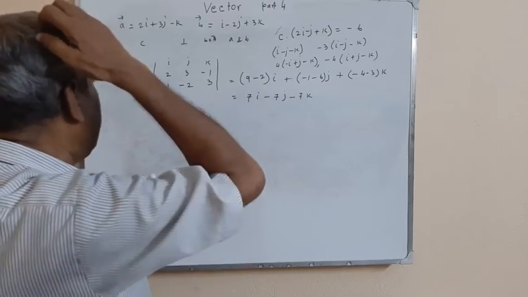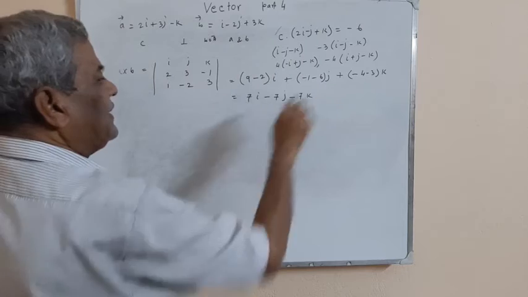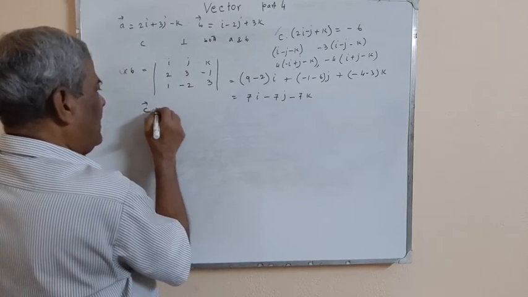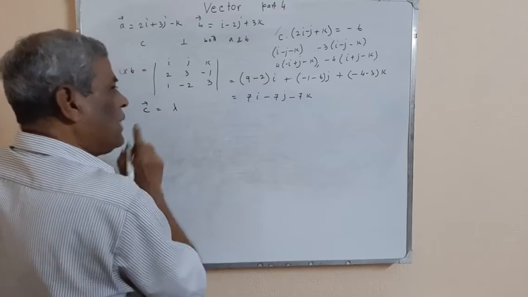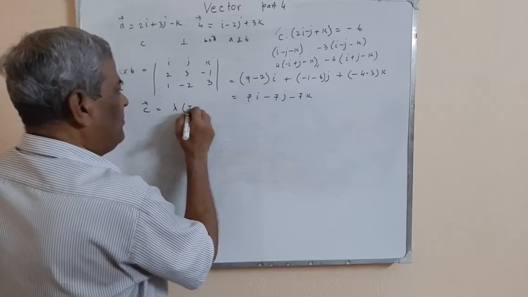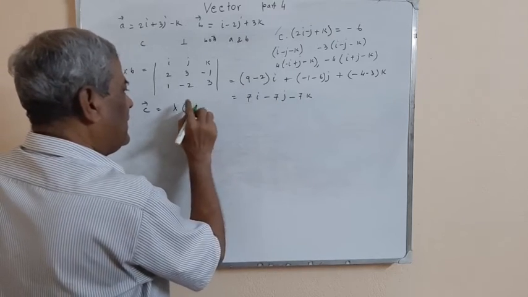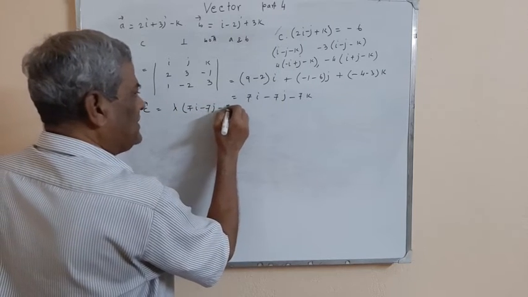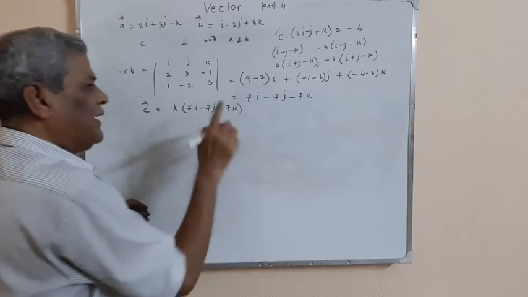So C vector is along that. Suppose C is equal to some constant multiple of that, 7i minus 7j minus 7k. Well, 7 can be taken common.